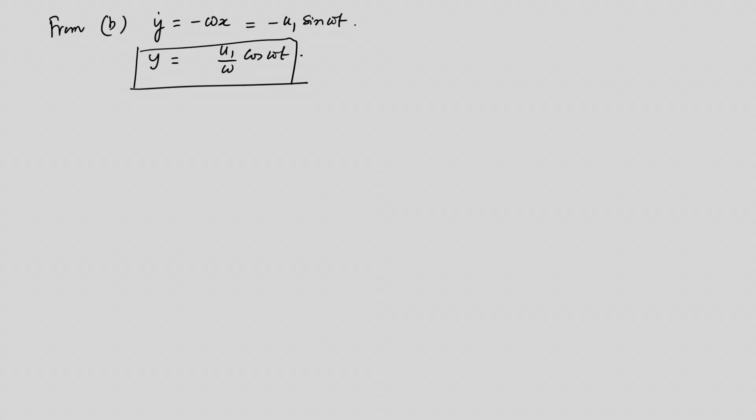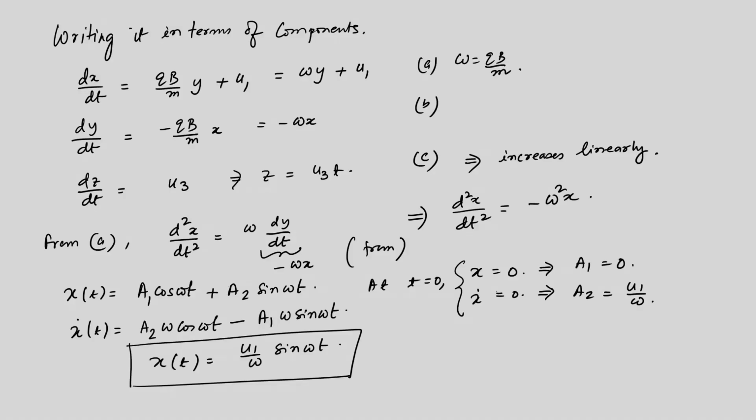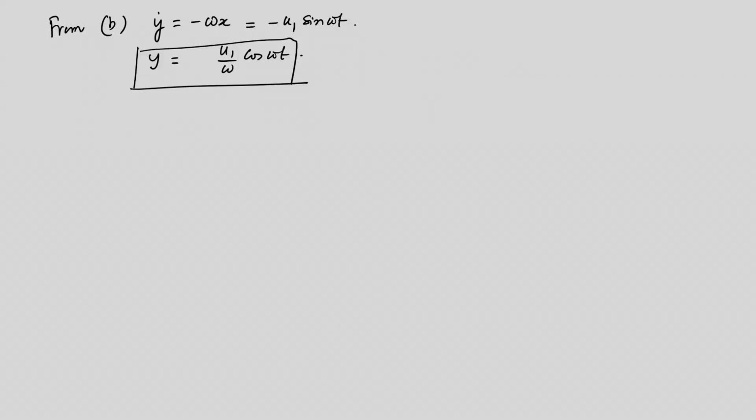So, we can write down this solution once again, because we have already gotten it. x equal to u1 over omega sine omega t, y equal to u1 over omega cosine omega t, z equal to u3 into t.